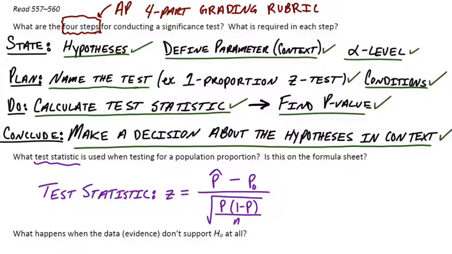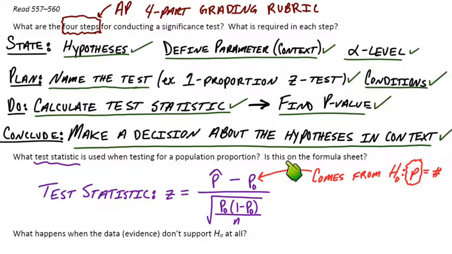If this were a confidence interval, I'd actually just use p hats. But remember, when we start out for significance tests, we assume that the null hypothesis is true. So we're actually going to use p naughts for these. So be careful with that. We want p naught down here. And p naught comes from the null hypothesis. That's just a reminder. So the null hypothesis will say something like p equals 0.5.